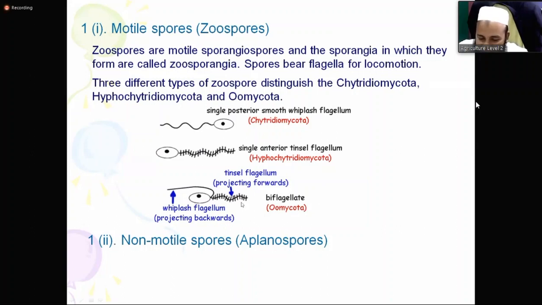One is tinsel, one is whiplash. So this is the group Oomycota. Oomycota, and my PhD was on Oomycota. Okay, and non-motile spores are aplanospores. These are normal spores. We will discuss later.